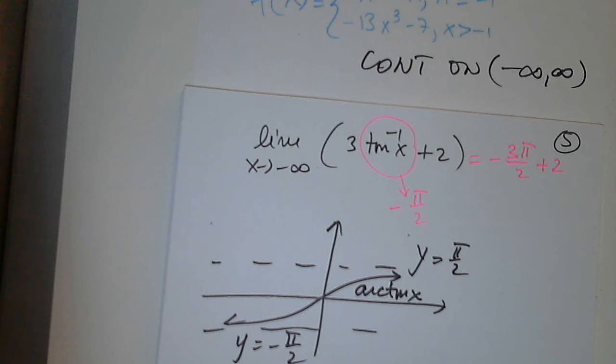These are crucial functions, very important, so moving forward, please remember them. E to the x, natural log x, arctangent, tangent. Okay. Good. Anything else from here?